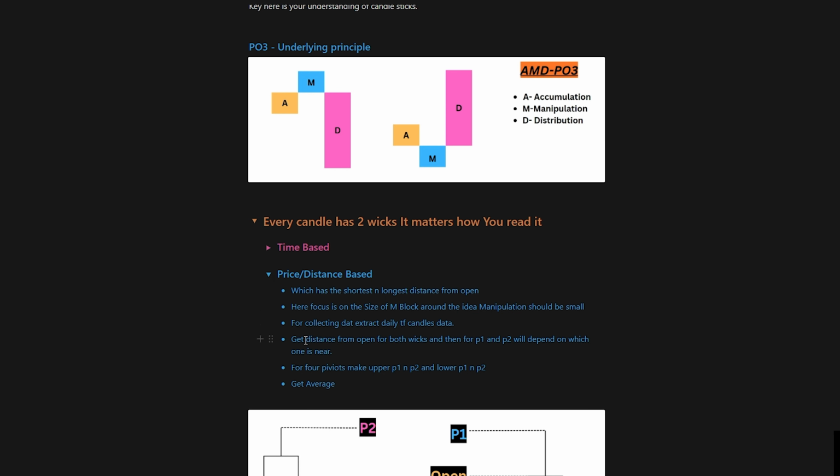Same thing: calculate the size, bearish and bullish separately. If it's the closest one, it's P1. If it's the farthest one, it's P2. So get the average of it. I did it for the last 10 years or so, and I got the levels based on that. It's just an average of it.